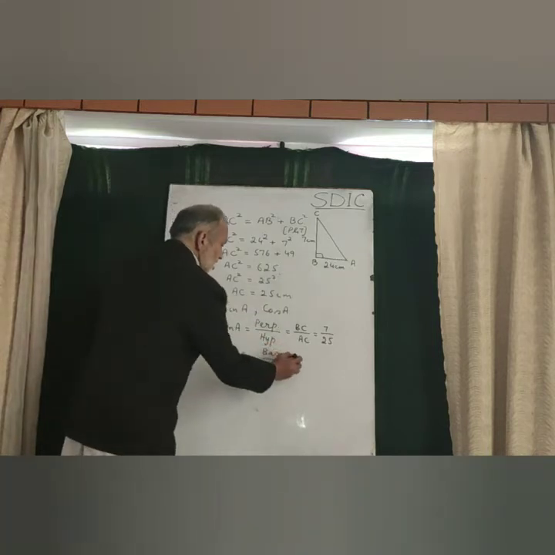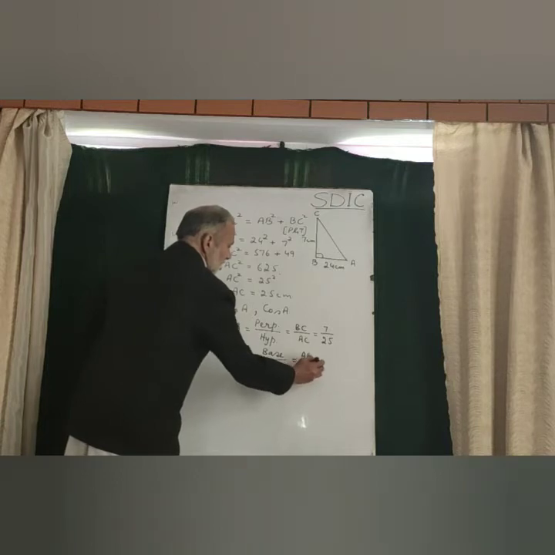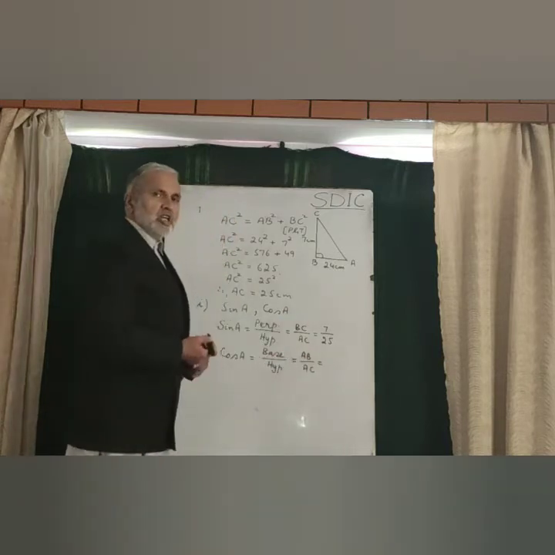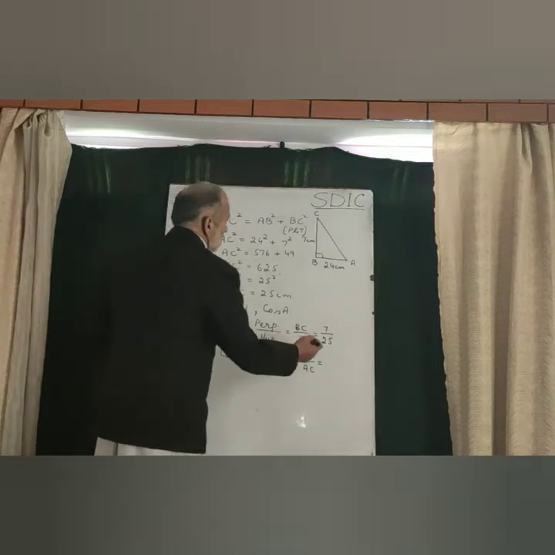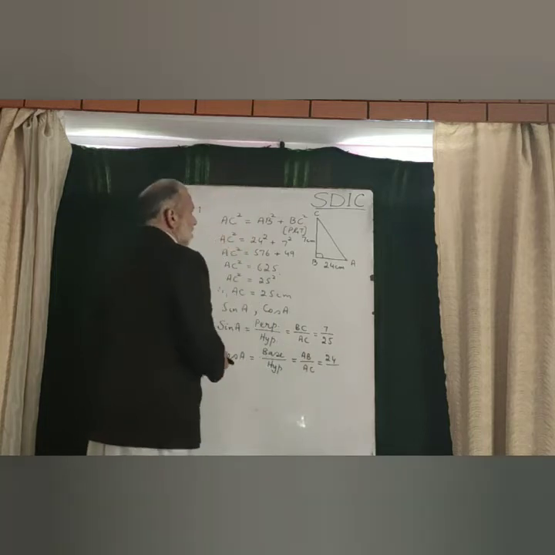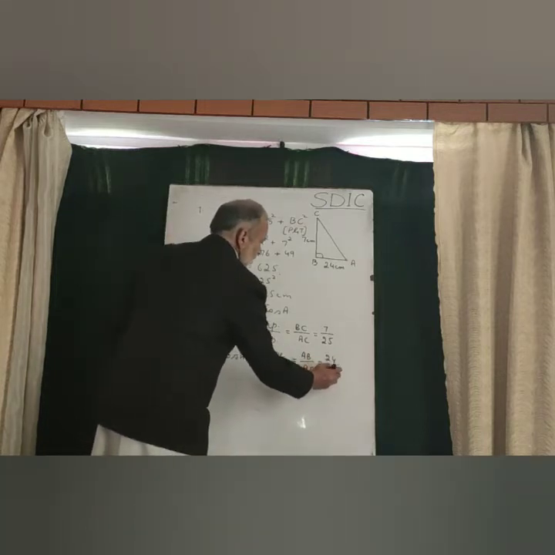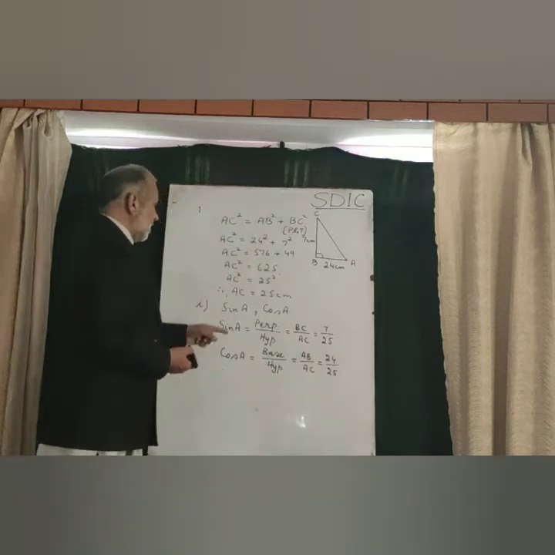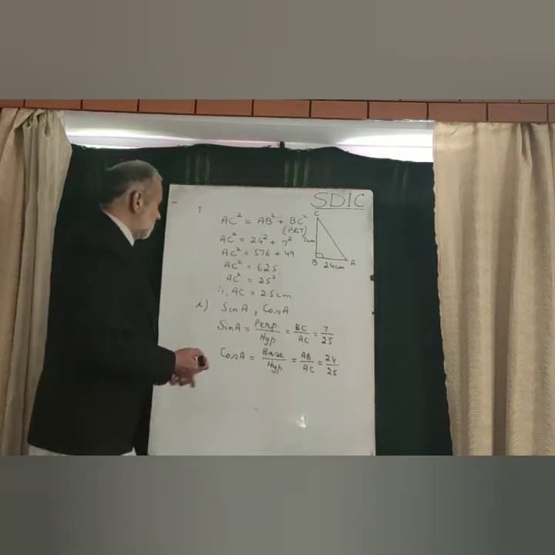Thus it is AB divided by hypotenuse, which is again AC. Cos A is therefore AB by AC. Use the values. AB is 24, divided by AC, which is 25. So we have found sine A as well as cos A.